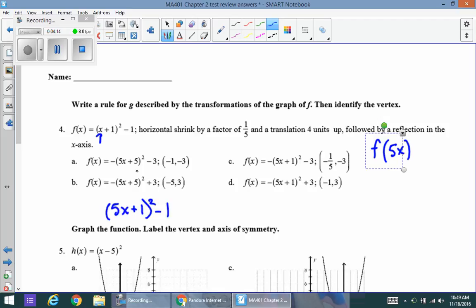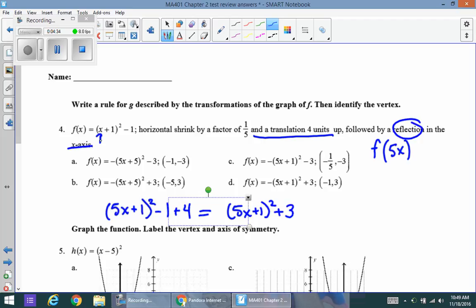Now don't look at your ABCDs yet because we've only started this problem. Now it says and 4 up. 4 up means we add 4. Okay, so what we have is (5x plus 1), quantity squared, plus 3. Now what they want us to do is a reflection in the x. If you remember, reflection in the x has a minus on the outside.